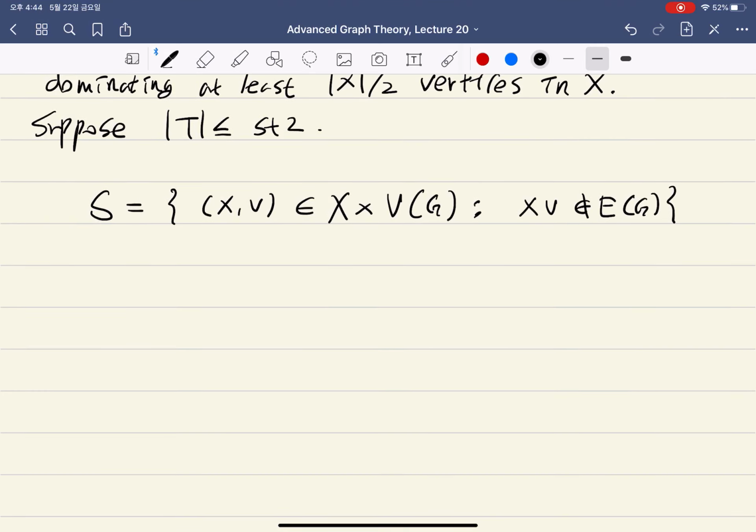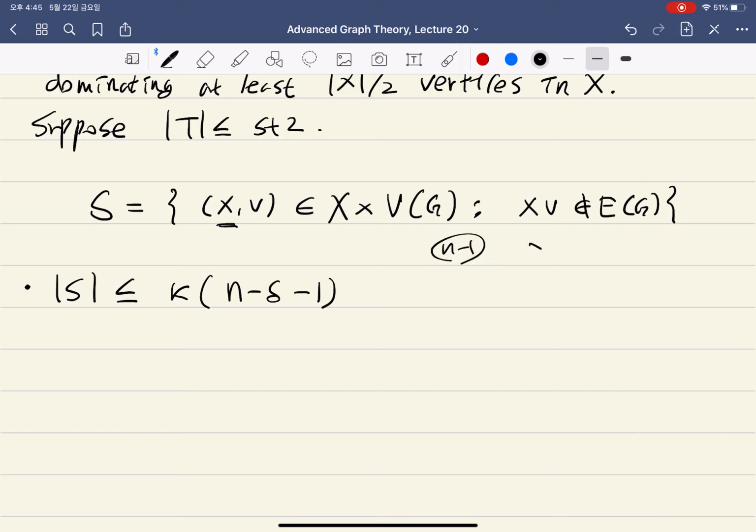Then what do you get? The size of S is at most, for each vertex x, so there are k vertices x, and each of the vertices has at most this many non-neighbors. So there are n minus 1 other vertices.